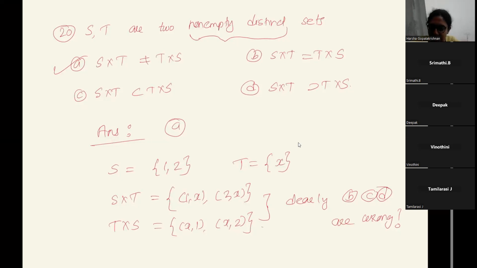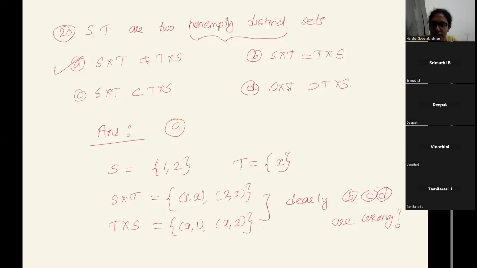In the proof that the empty set is a subset of all sets, the definition says A is a subset of B means if x belongs to A, then x belongs to B. But in the empty set there is no element.